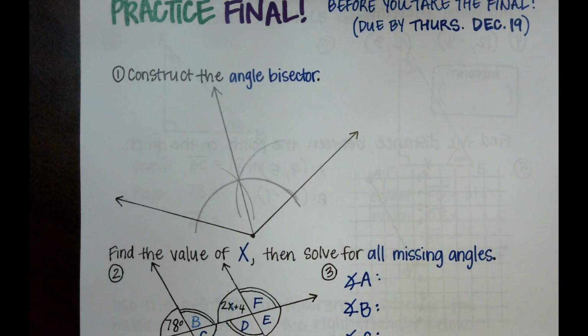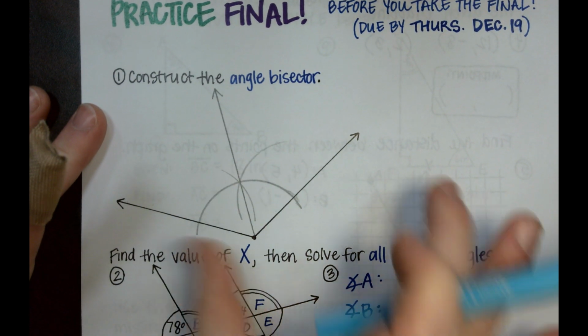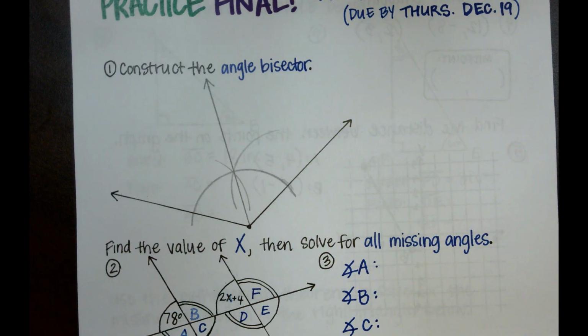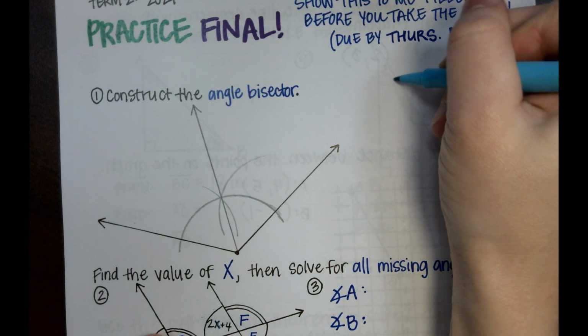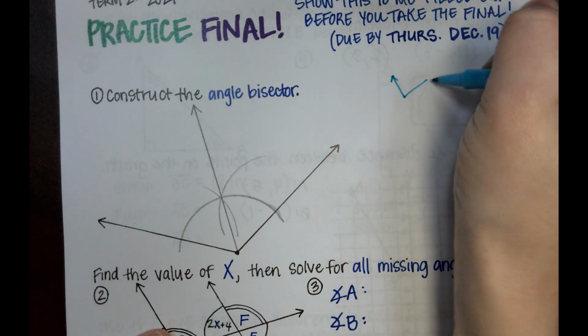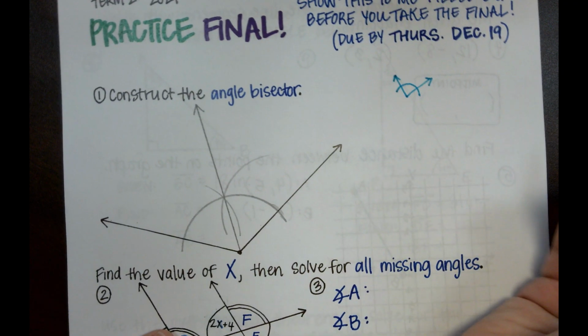Whenever I'm grading your final, I want you to keep all your markings so I can see that you did it properly. So I will be looking for, this will be a little guide, you don't have to write it, but it could be helpful, first that arc.